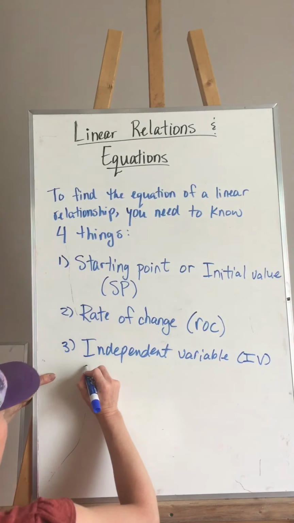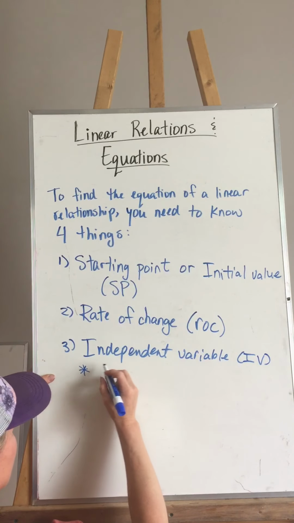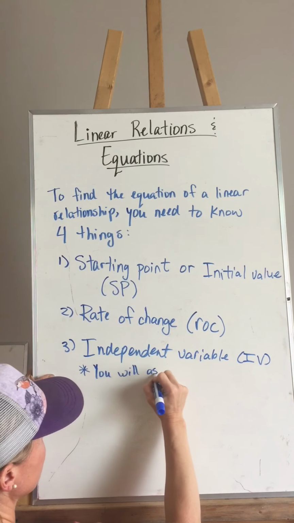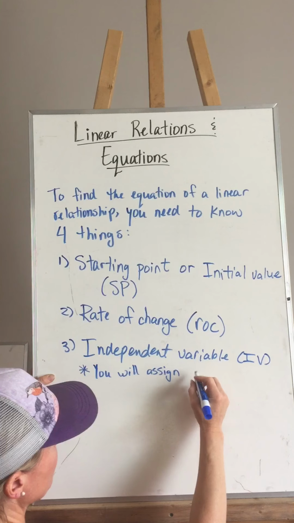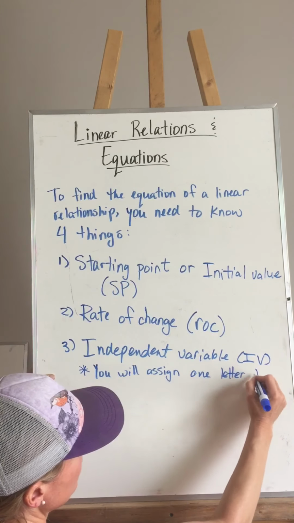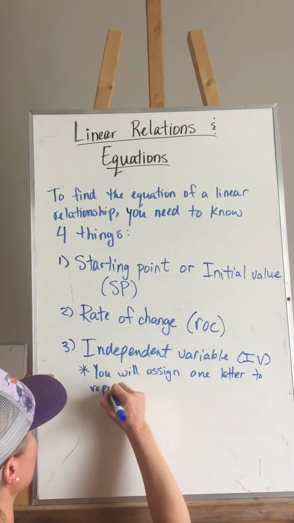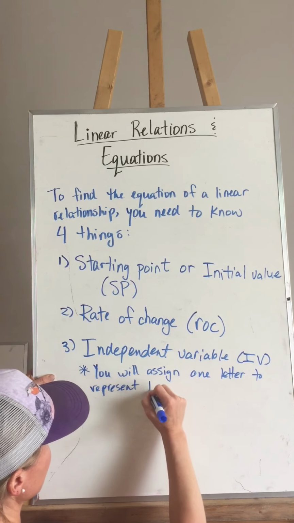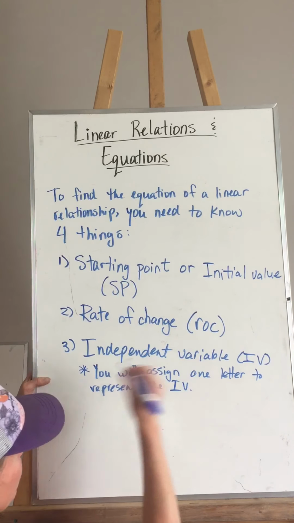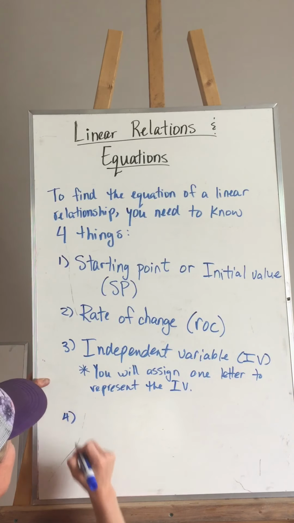I'm just going to put a little star for the independent variable and the dependent variable. You will assign one letter to represent the independent variable. That will make more sense later when we do some examples.